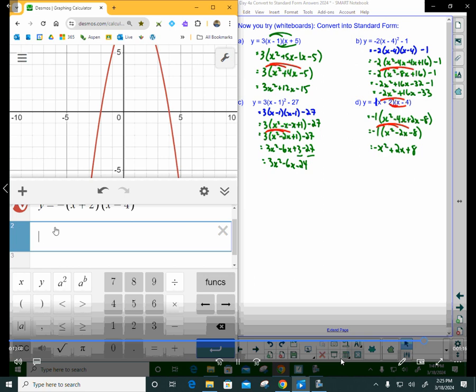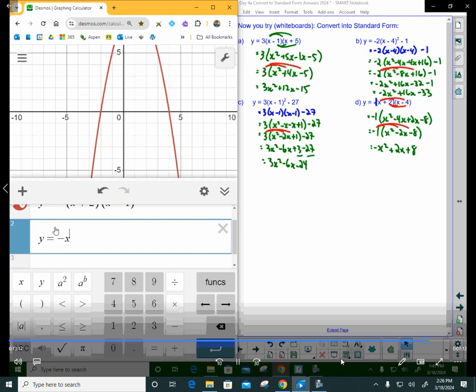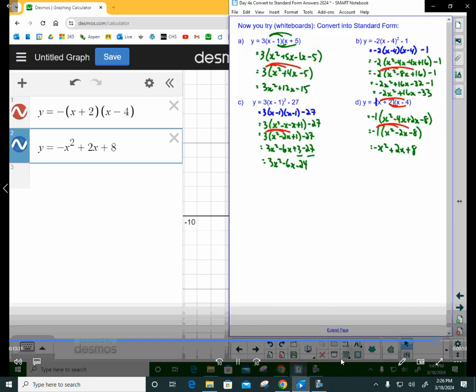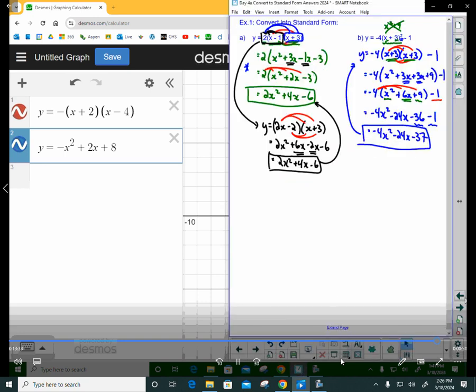So my answer was y equals negative x squared plus 2x plus 8. And you should see that it just went over top of the old one. That means my blue graph is the same as my red graph, which means I have the exact same equation, and this must be correct.